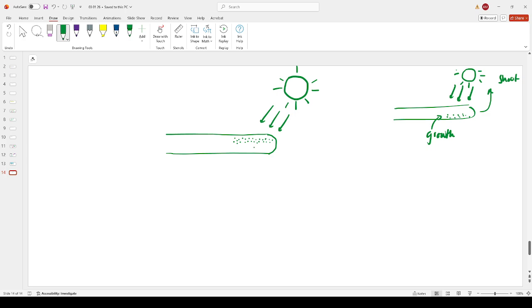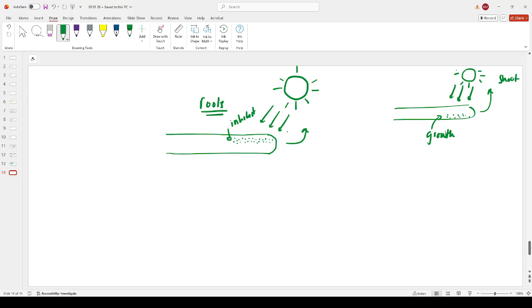But here, if this is a root, what will happen? This will inhibit growth. So you're absolutely spot on there, Adam. This diagram is all wrong.